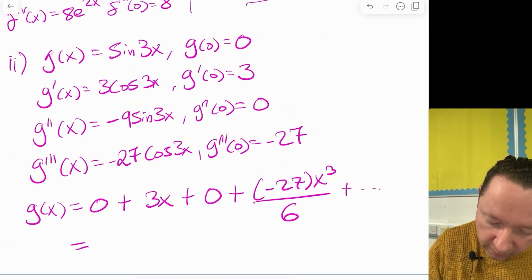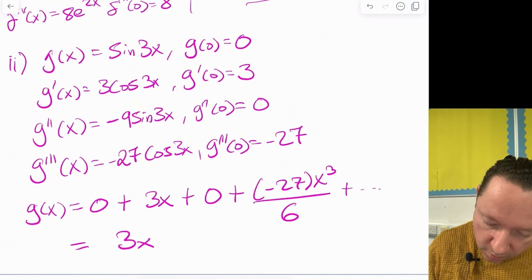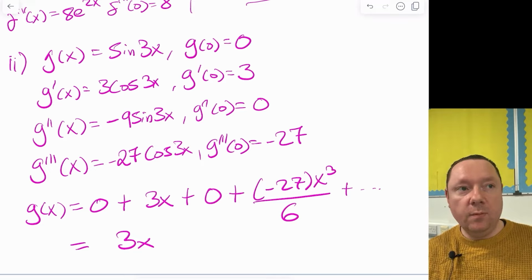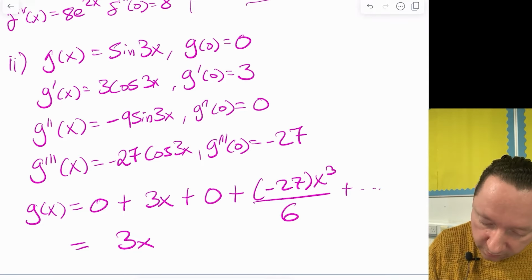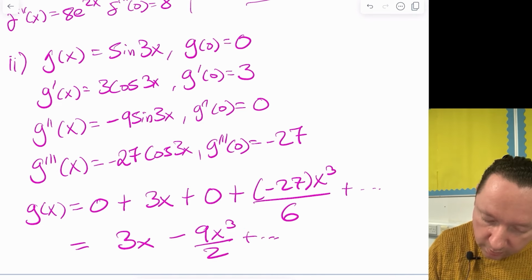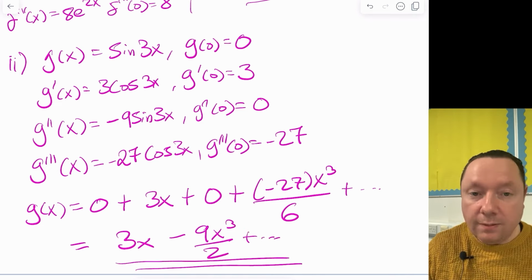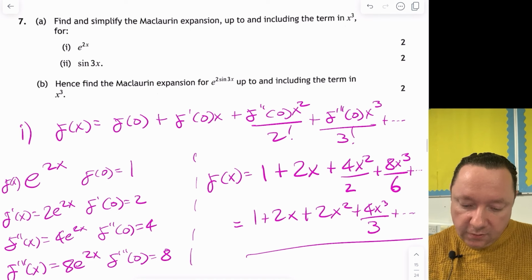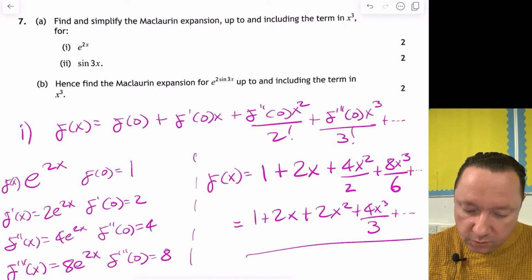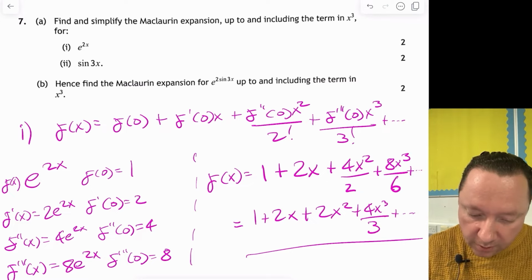Simplifying that off, we get 3x, and 27 over 6, 3 goes into both of them, is 9x cubed over 2. I'm happy with that. Part B says, hence find the Maclaurin expansion for e to the 2x sine 3x up to the x cubed term.